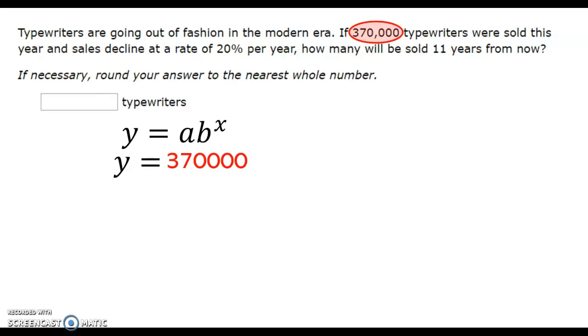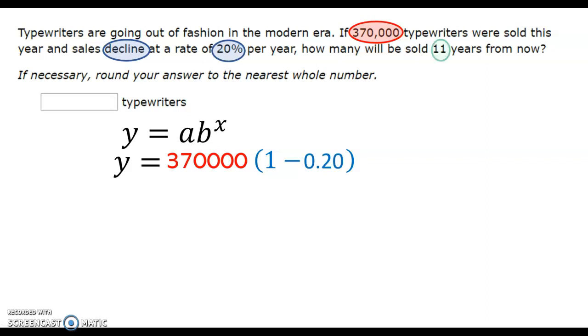We look in the word problem and we notice some keywords, decline and 20%. So we're going to use 1 minus for my decay factor. And since the rate is 20%, we must remember to change that 20% to a decimal, 0.20.